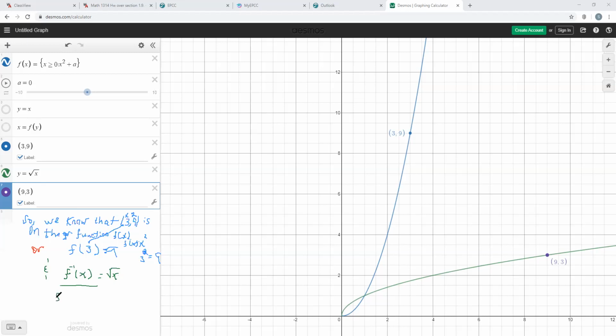Now if we put in the domain value from this point, (3, 9), the range value, the mapping value, the y value, 9, into the inverse function, that's like saying the square root right here, and put in the 9, then we get the square root of 9 is 3, of course, and we get 3.